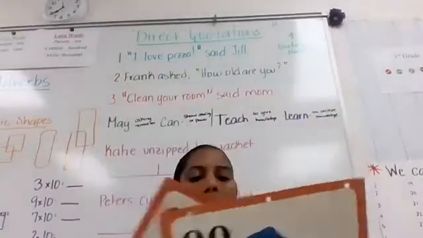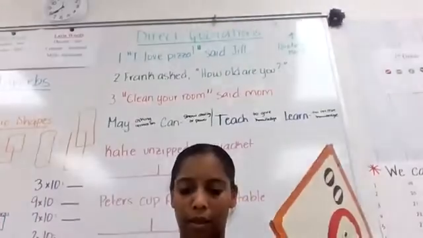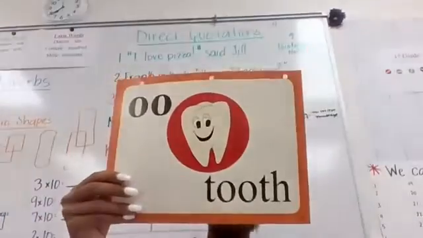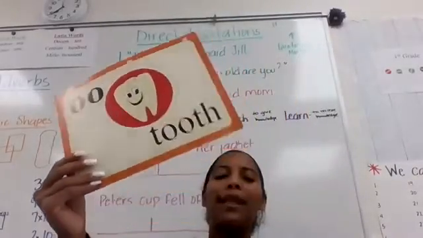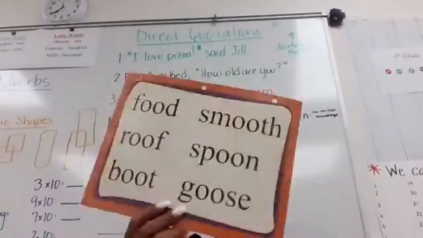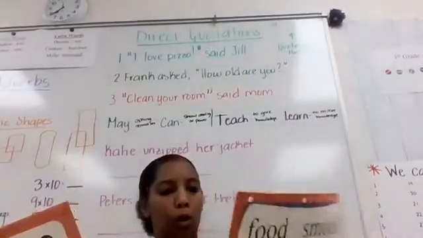Woods. OO says oo in two. All right, if something's not rough, then it is very smooth.